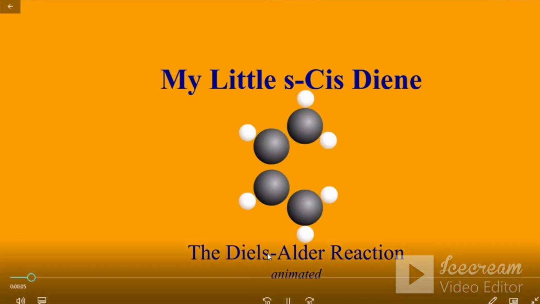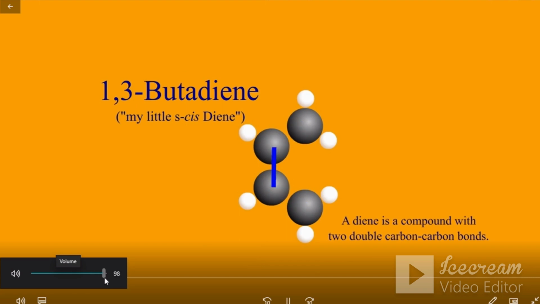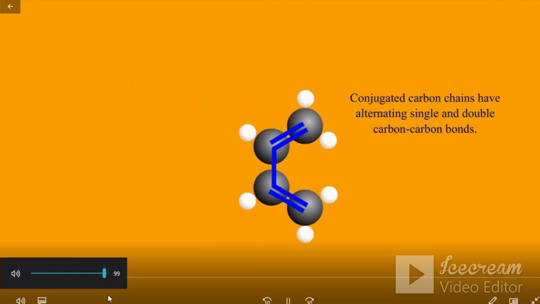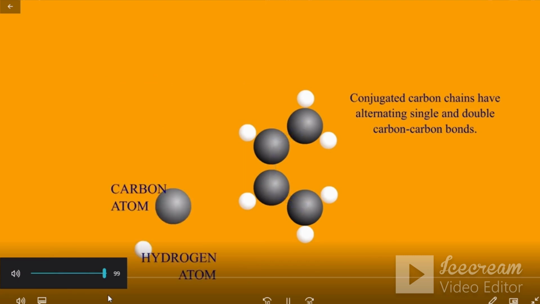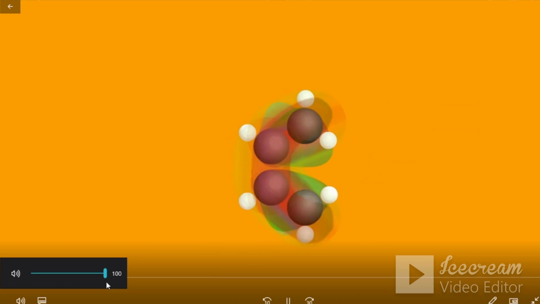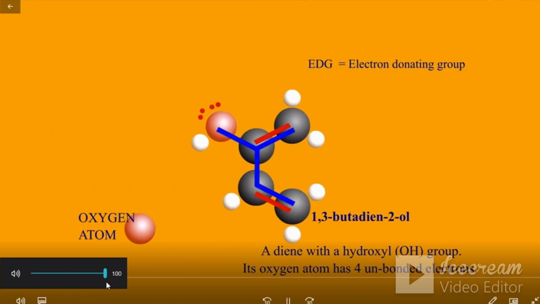This is the story of little Diene. Two double bonds, a single between. Unsaturated, conjugated alkene. My little S-cis diene. Pi bonds, resonating energy, delocalized electron density, especially when she's high on EDG.